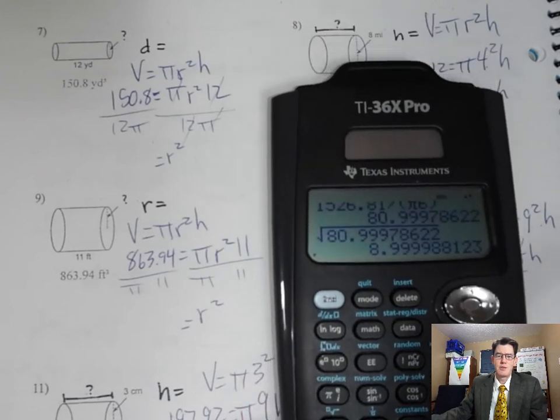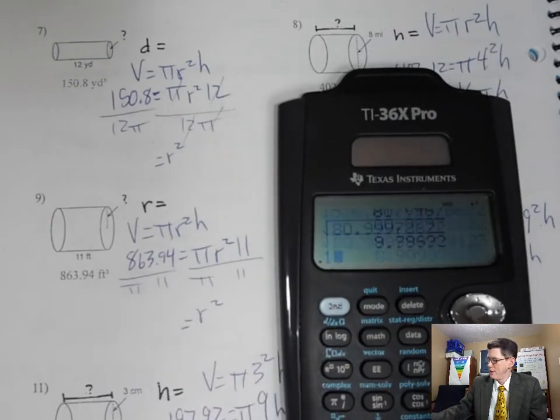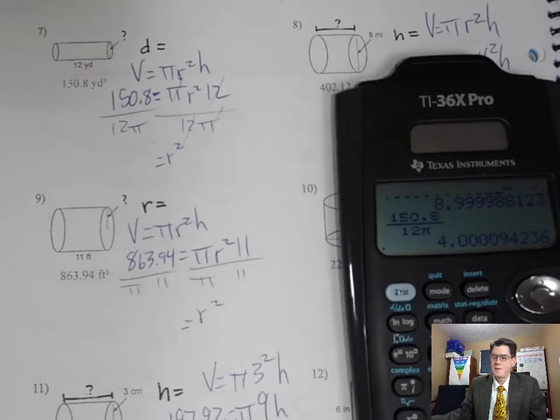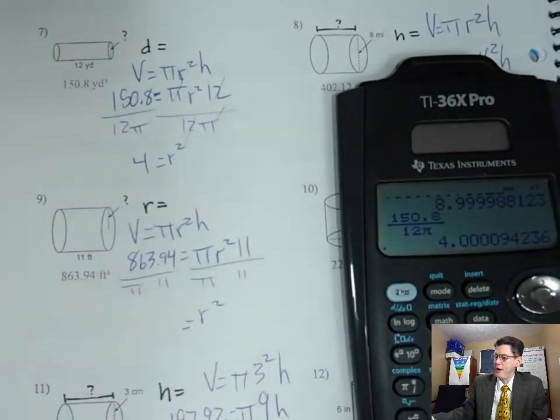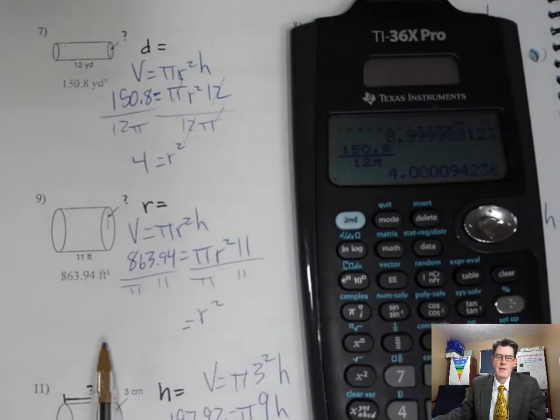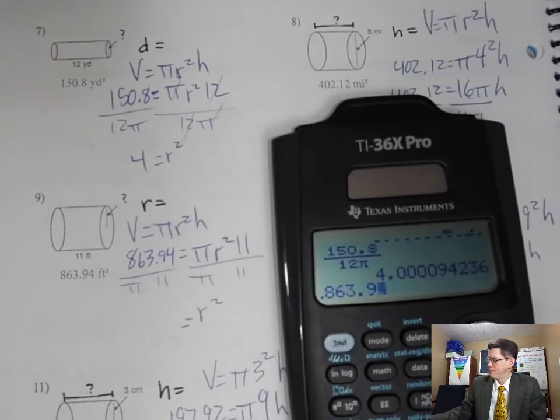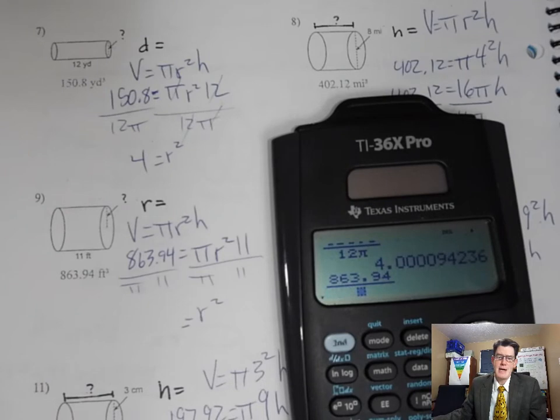Here we go. The first one up here, 150.8 divided by 12 pi. That is 4. R squared is 4 up there. Down here on this one, 863.94 divided by 11 pi.